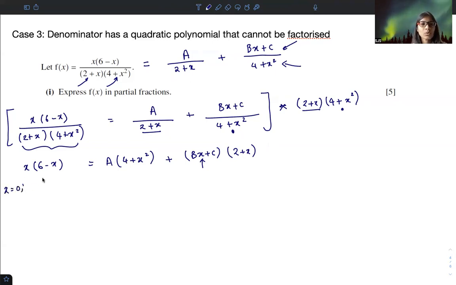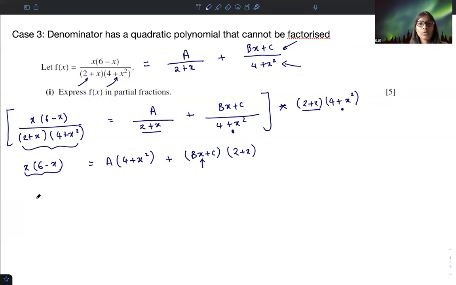If I put x as 0, then this becomes 0. I think x equal to 0 will not work over here. So that's because I'll also have c there. So let's first try to eliminate b and c to get a.